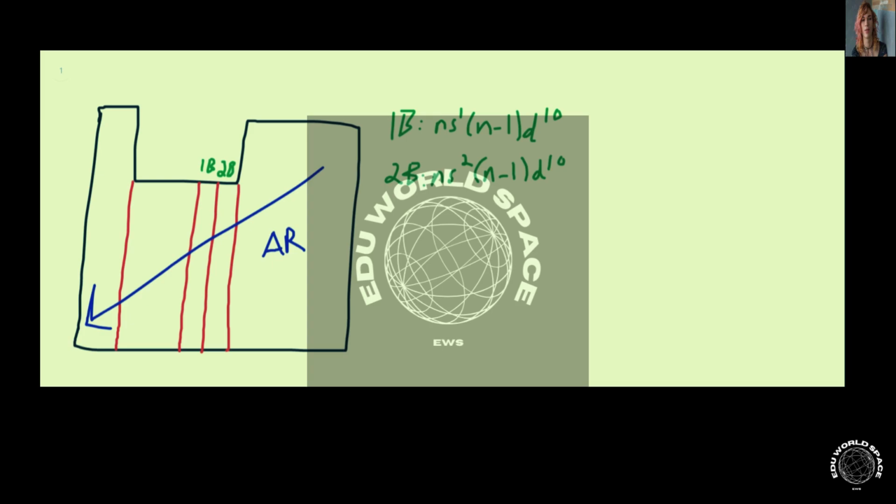It's easier because your Z effective is increasing. That's what makes it easier to attract negatively charged electrons to a positively charged nucleus.